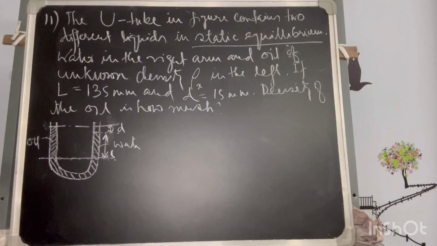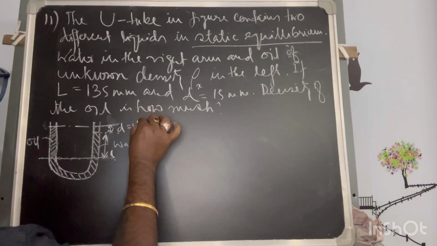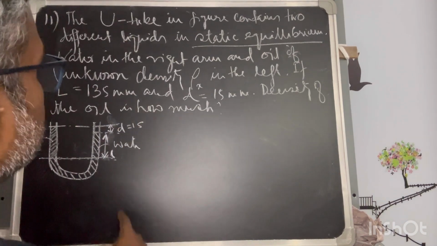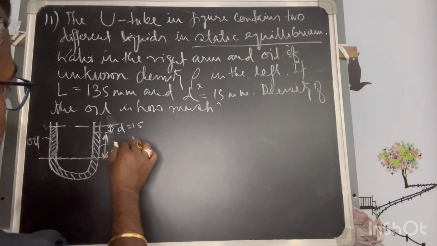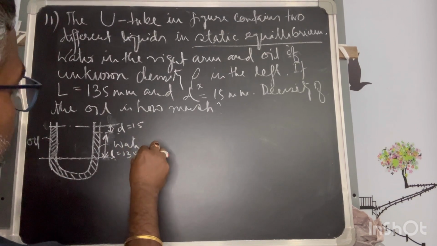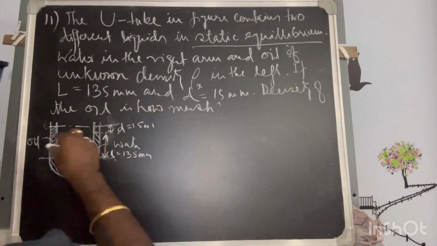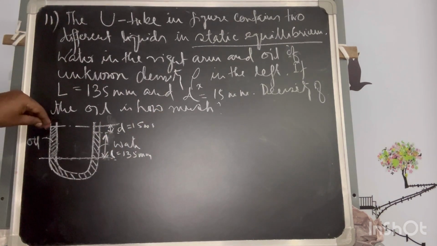Now moving on to the problem to solve it. This is D, it is given as 15, and this is L, L is given as 135. So I am putting all the dimensions here so that calculation and understanding will be better. So this is a U-tube. Different fluids are poured into different arms.